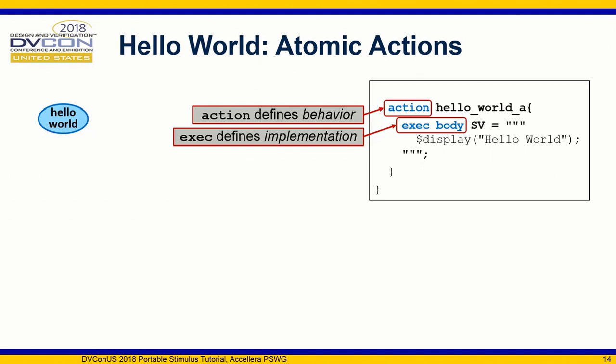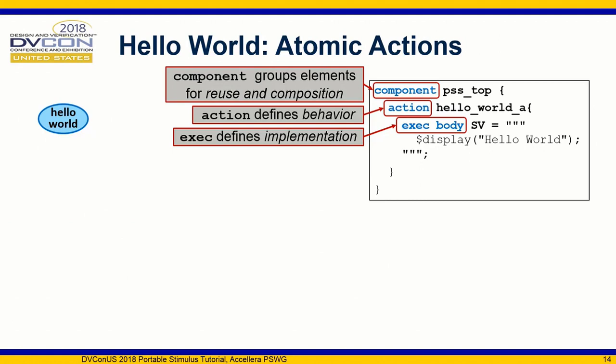And as we'll see, we can swap in and out different execs depending on what the target is, but the behavior is the same. It's going to display hello world. We put it in what we call a component, which allows us to have these things as reusable pieces of stuff that we can put around. And as we'll see, a component in portable stimulus roughly relates to a piece of your target system. We'll see what that means in a minute.